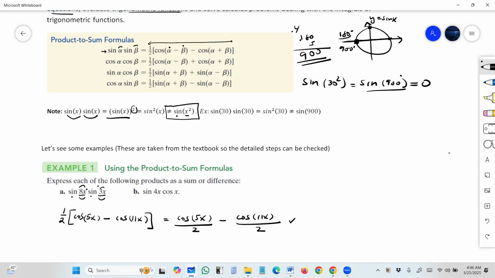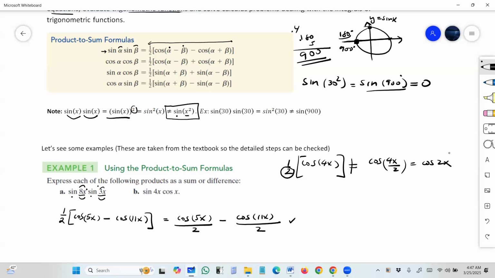Now, imagine, for example, if I had something like 1/2 cosine 4x. This is not the same as cosine 4x over 2, which is cosine 2x.